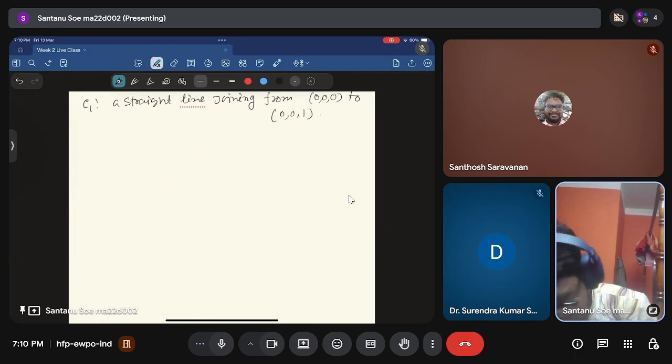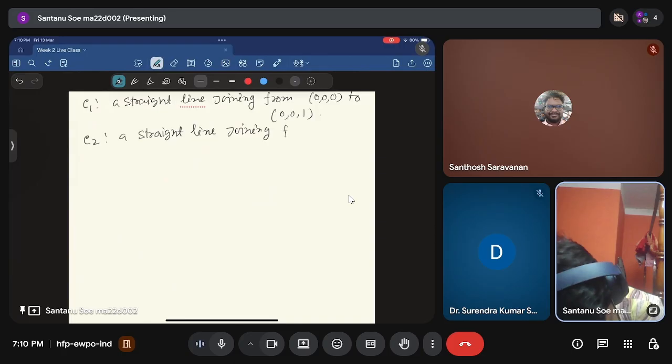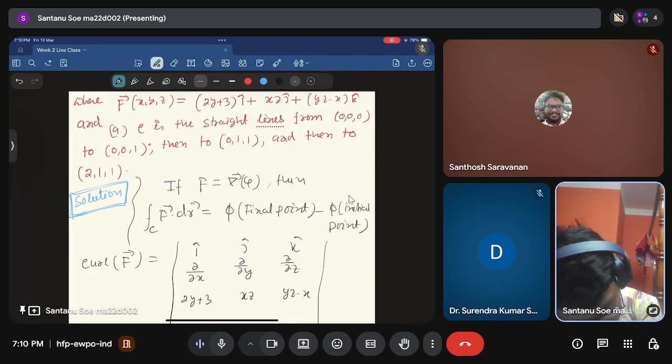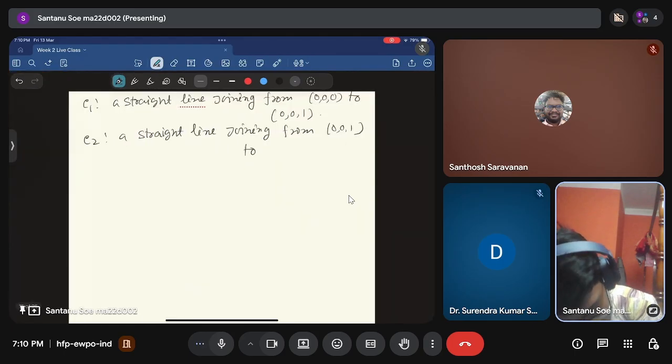C2 is also a straight line joining (0, 0, 1) to (0, 1, 1).